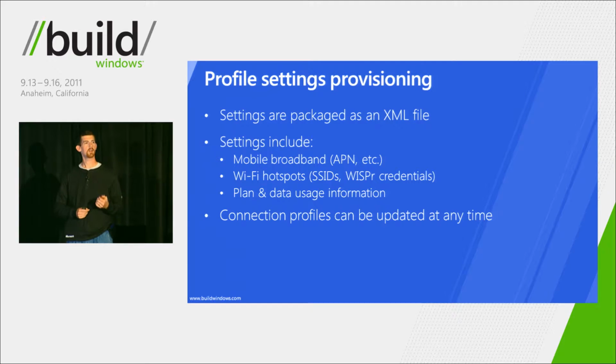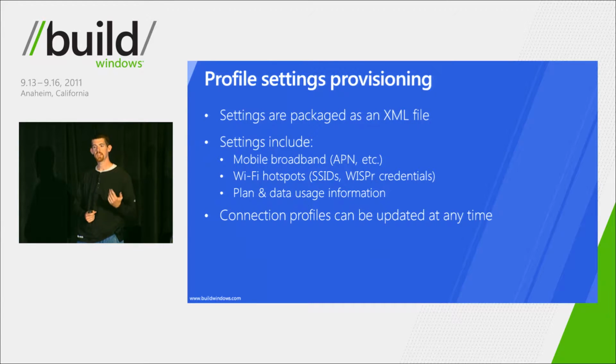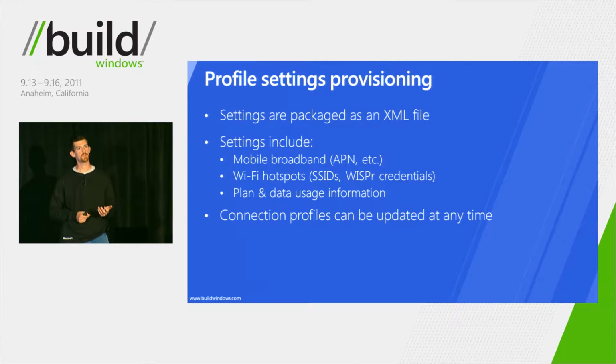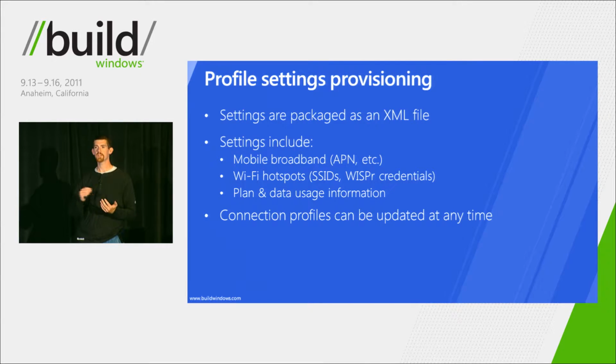So those profiles are wrapped up in a larger XML file that can contain multiple mobile broadband profiles, many hotspots. And you can also include Whisper credentials for those hotspots. You can provide plan and data usage information about those networks so that Windows knows what the user is allowed on those networks so that Windows can make the right decisions. And you can update these at any time.